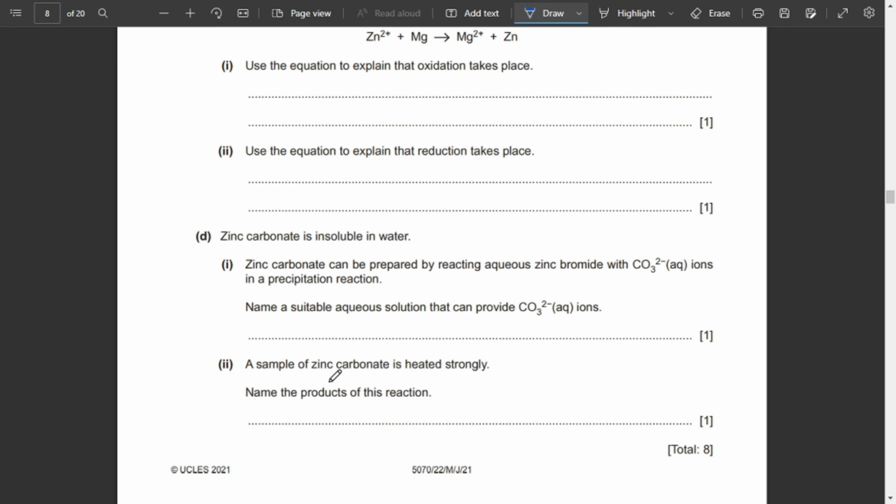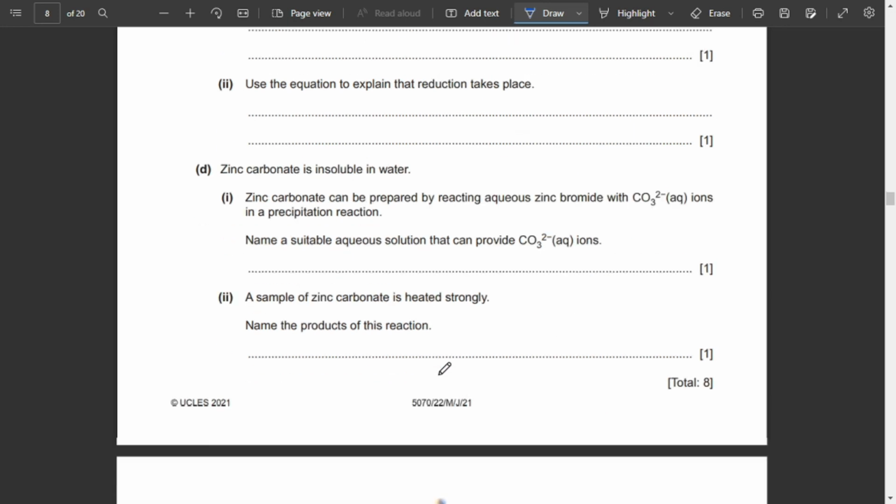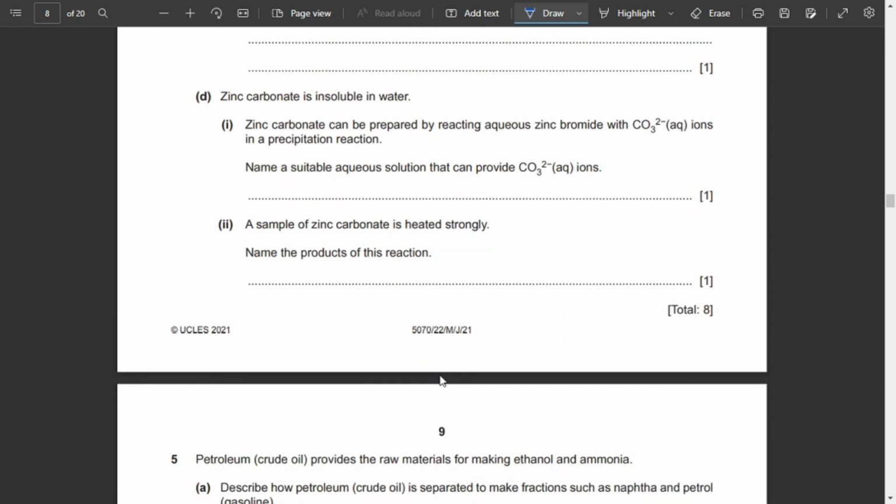I take that word back because combustion leads to carbon dioxide and water. However, we are still talking about strong heating. That means it's fully being heated. So zinc carbonate, when heated, will of course form zinc oxide and carbon dioxide, because we are talking about heating strongly again. It will be carbon dioxide.